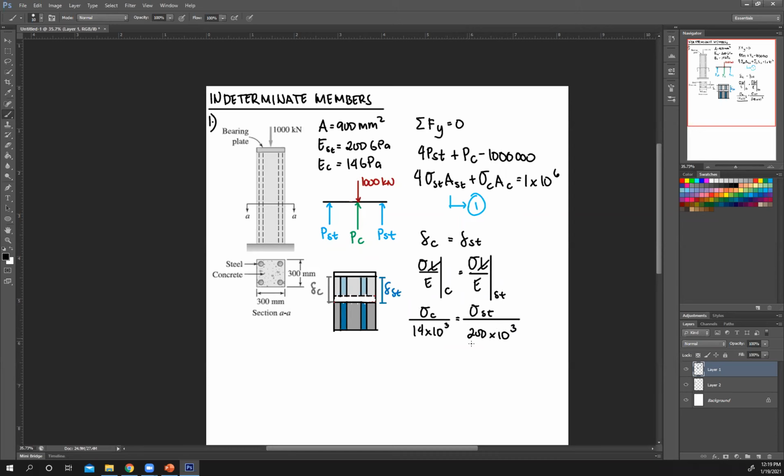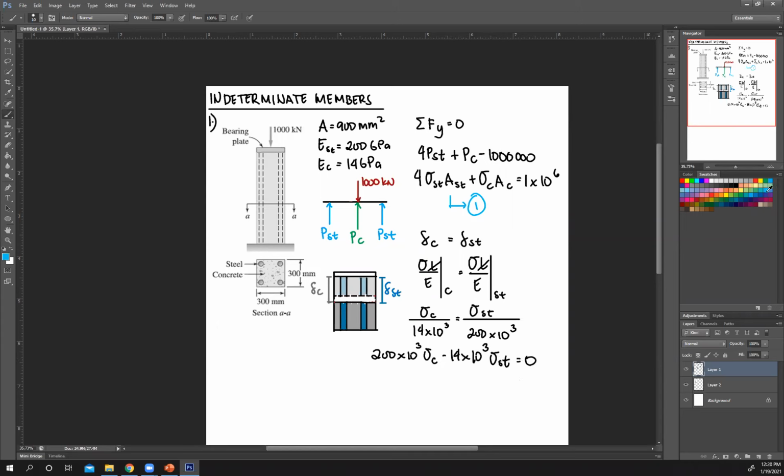Multiply both sides by 14 and 200, you're gonna get, ready your calculators, 200 times 10 raised to 3 sigma C equals this, then transpose to the left, we're gonna get minus 14 times 10 raised to 3 sigma ST equals 0.